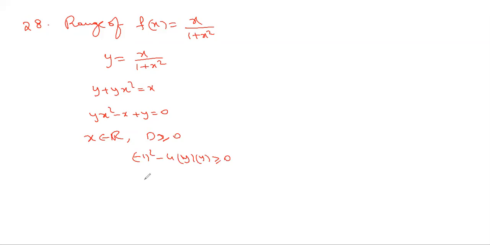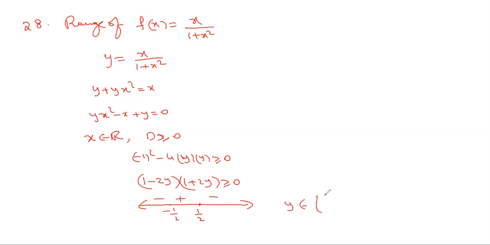So (1 minus 2y) into (1 plus 2y) should be greater than or equal to 0. Wavy-curve method. Minus 1 by 2 and 1 by 2 are the zeros. The y square coefficient is negative, minus plus minus. You want the product to be positive. y belongs to minus half to half. So the range is, that's the first option.